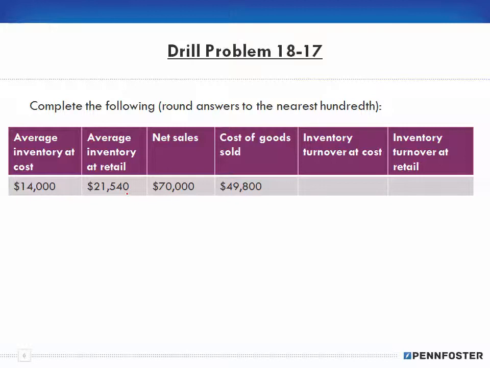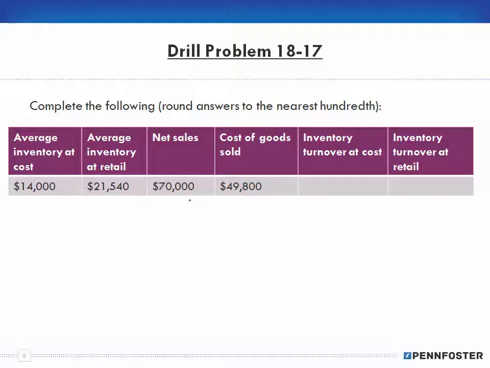Immediately, because I'm looking at an average inventory at cost and an average inventory at retail, I'm starting to think along the lines of inventory turnover. But let's see what the rest of the information says here, because those are part of the inventory turnover calculations.